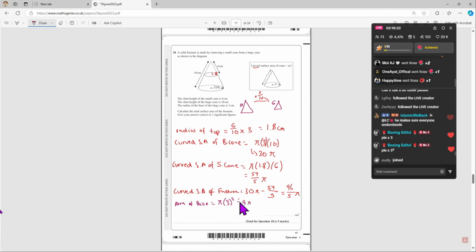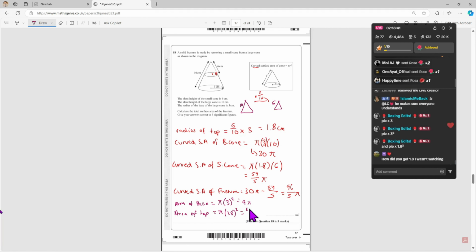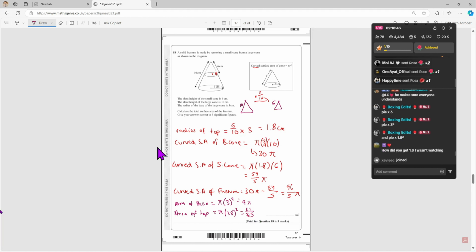And then we're going to do the area of the top, which is pi times 1.8 squared. When you put this into a calculator, you'll get 81 over 25 pi.